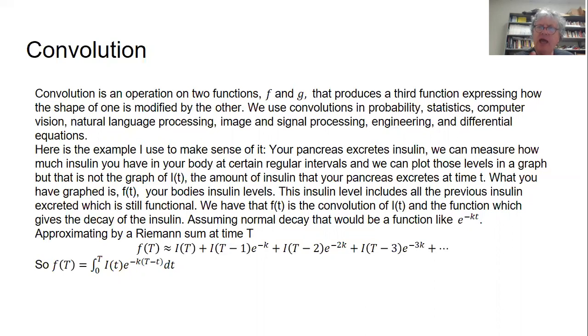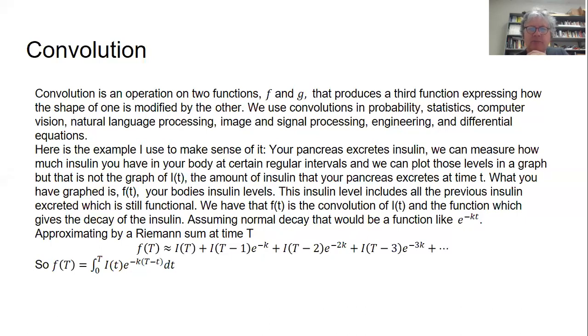And how much insulin is in your body depends not only on what your pancreas is excreting now, but on all the previous insulin that the pancreas has excreted. And so we know from the fundamental theorem of calculus that if you integrate a rate of change, you get the quantity itself, right?